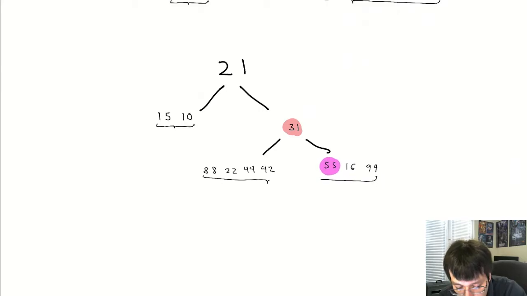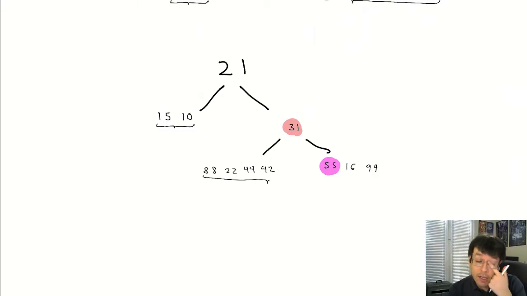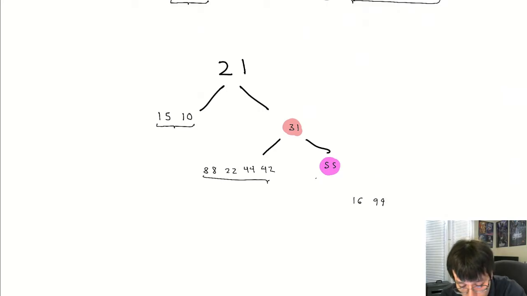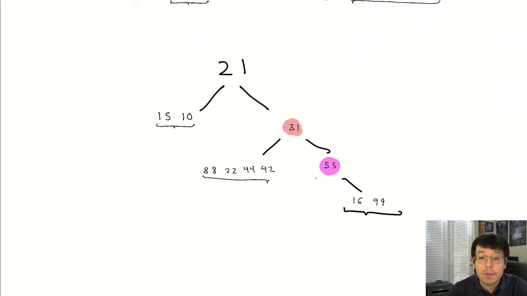So are they left or right descendants? Well, 55 happens to be the leftmost item of this sublist, which means there's nothing over here, which means that 55 has no left child. It only has right descendants, which are these two. We don't know which one goes first. It could be 16 or 99, but both of them have to be there.